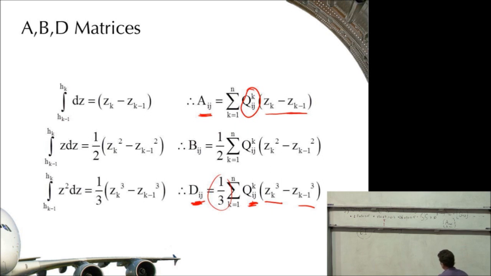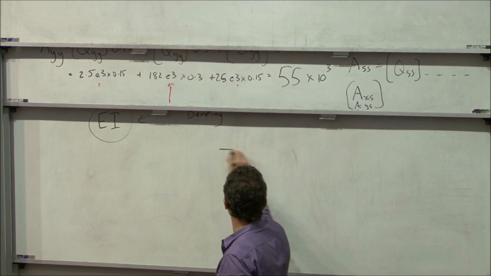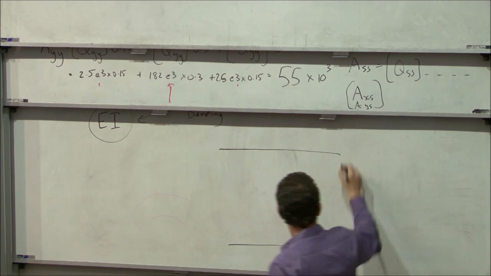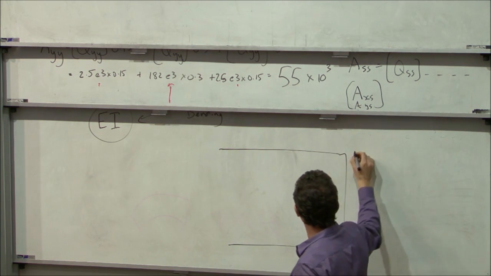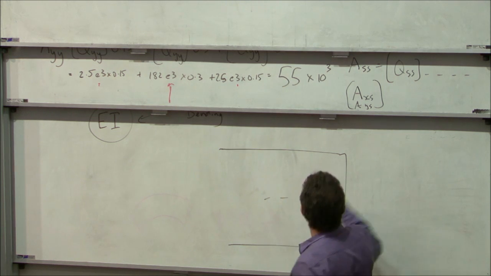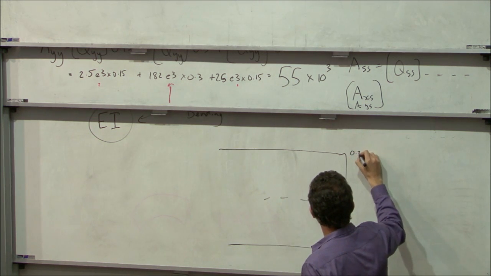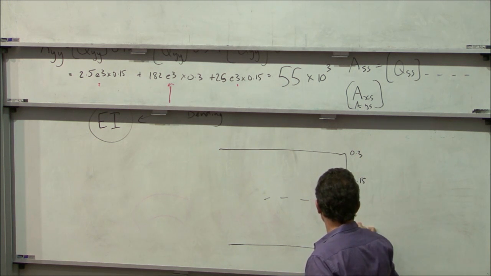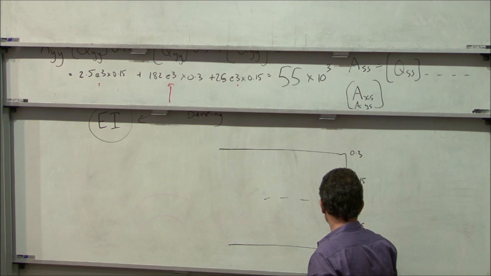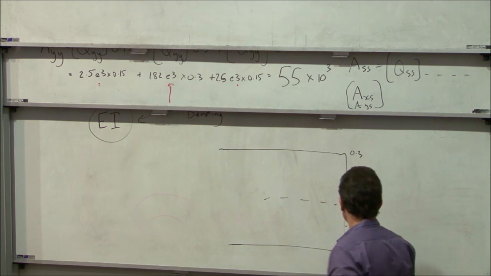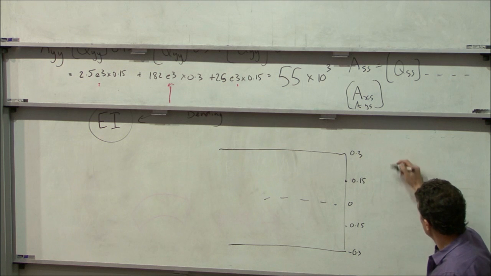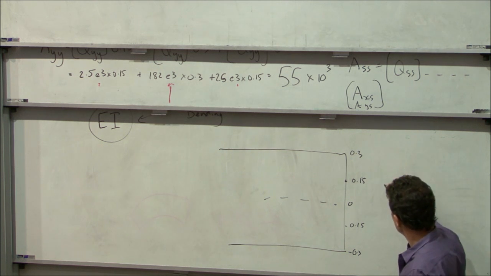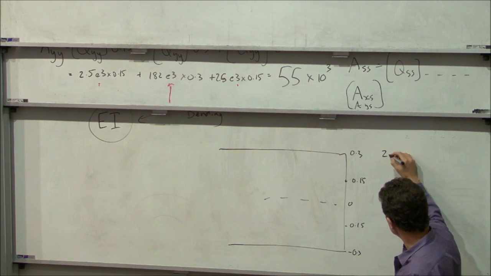So if we look at, if we had something like we've got up there, 0.3, 0.15, 0, minus 0.15, and minus 0.3. And I'm just going to say Z, in this case it'll be 4.